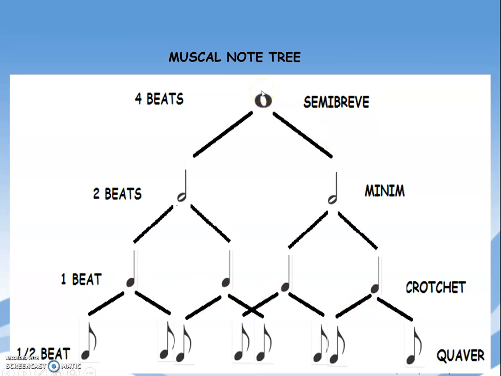Remember, when we saw the first time signature, 4 4, the 4 represents crotchet because we need 4 crotchets to have 1 semibreve. And then look at the quaver: you need 8 quavers to have 1 semibreve. That is, 2 minims will give you 1 semibreve, 4 crotchets will give you 1 semibreve, and 8 quavers will give you 1 semibreve.